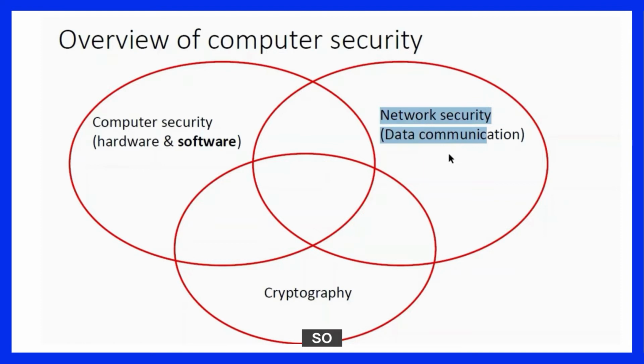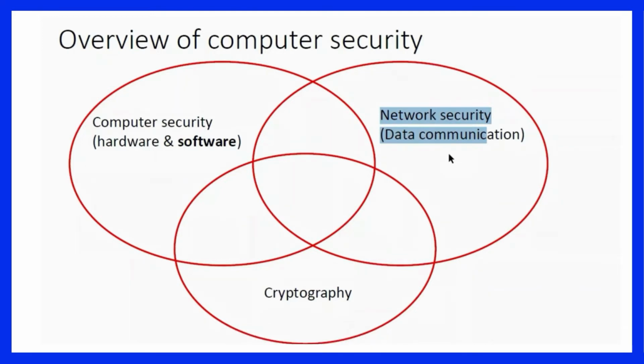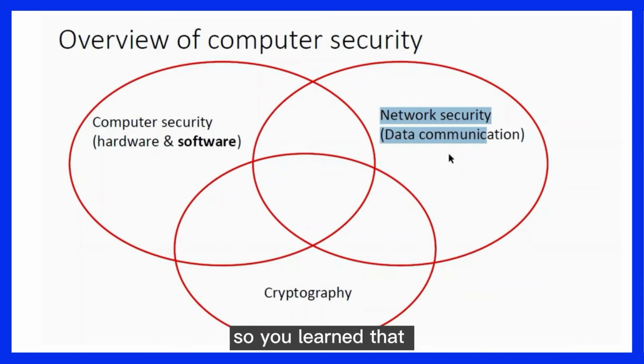And for cryptography, right now there are symmetric key cryptography and asymmetric key cryptography. You learned that, so we will not talk a lot about it, only one day. I will do a quick review at the end.